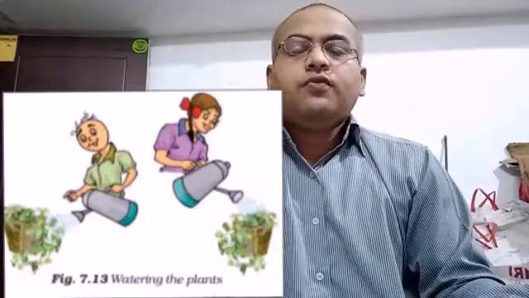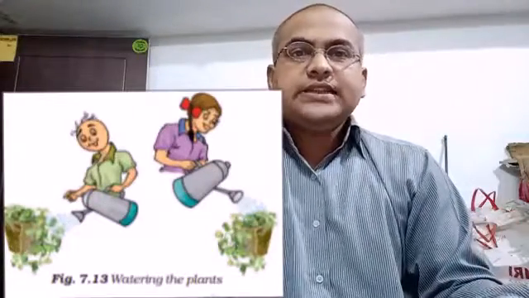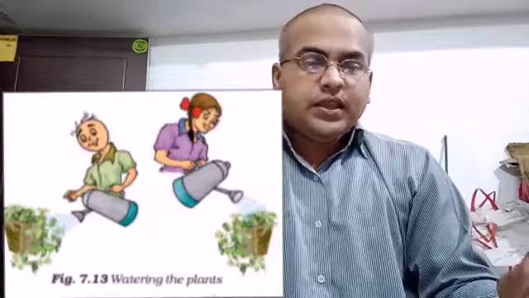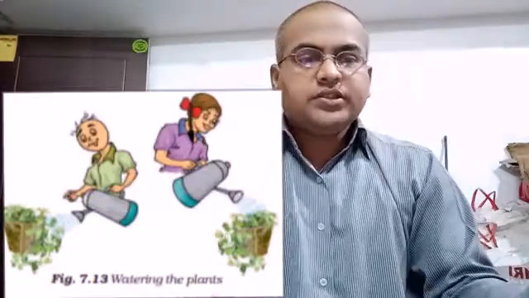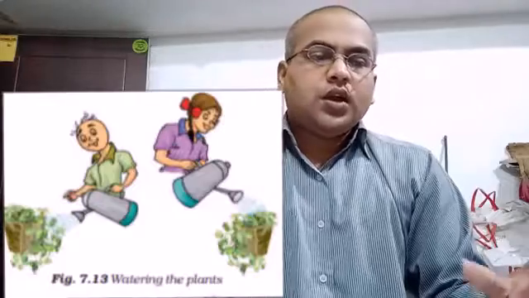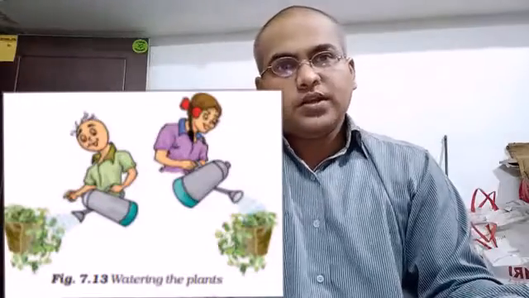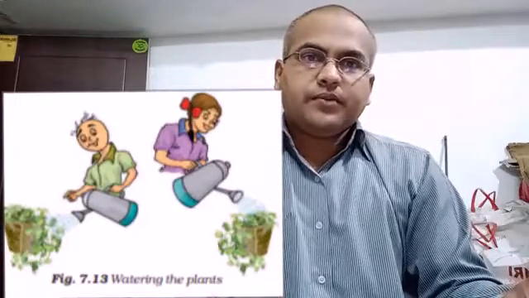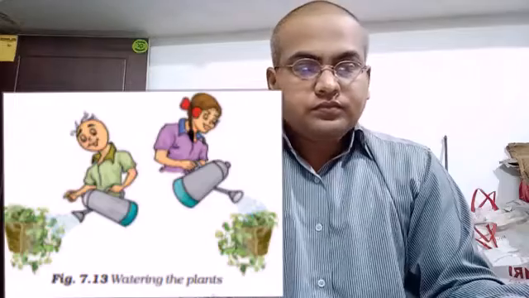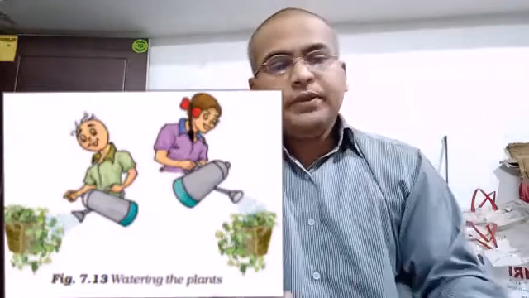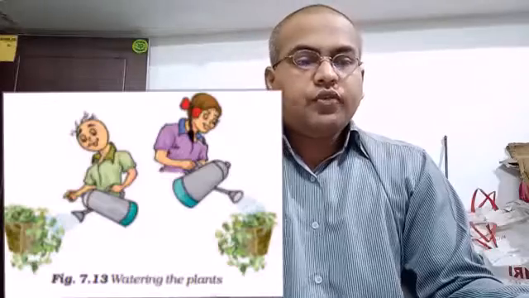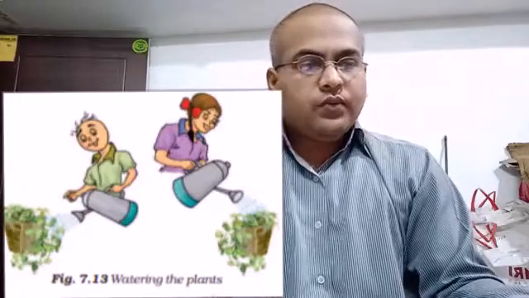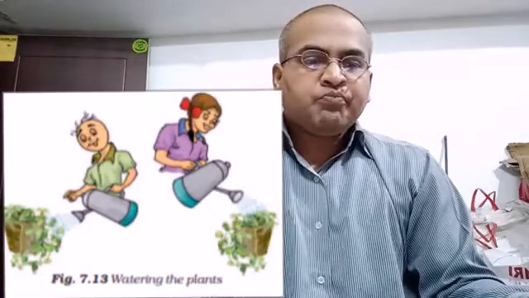Now we are going to perform the next activity, that is activity 7. Here we need some seeds of gram and maize, cotton wool, a bowl or katori, and some water. Take the katori, place some wet cotton in them, put 3-4 seeds of gram in one and maize in the other.